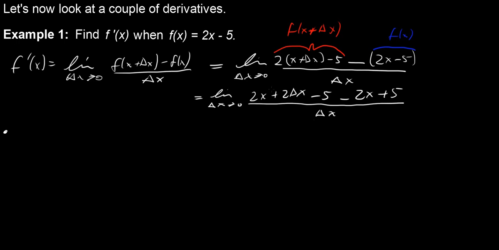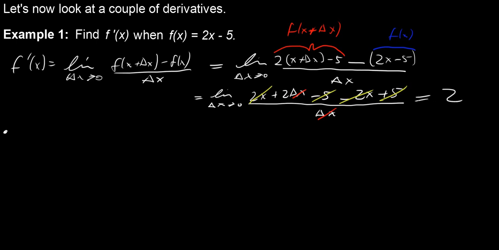I'll first simplify some stuff. In the numerator, 2x minus 2x cancel, and minus 5 plus 5 cancel. So now I'm taking the limit of the fraction 2 delta x over delta x. I can cancel out those delta x's. So it looks like I found the derivative of 2x minus 5, that derivative being 2.